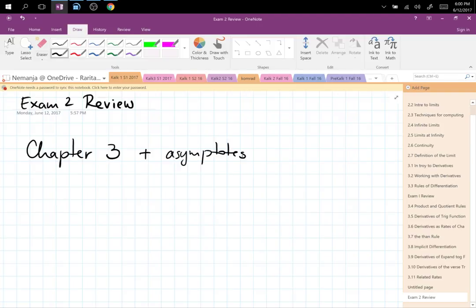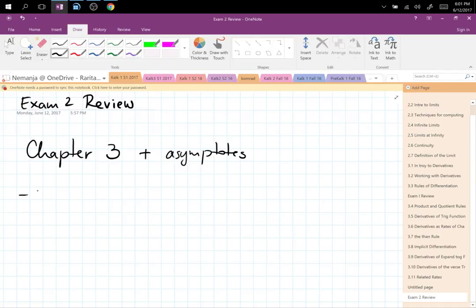Continuity will be very important for your next course, obviously, and if you don't know it, well, it's an issue. So I guess we'll just keep chapter 3 and asymptotes. We'll keep the limit definition of the derivative out because it was there on a previous exam. It might show up again on the final, but you need to know how to deal with derivatives.